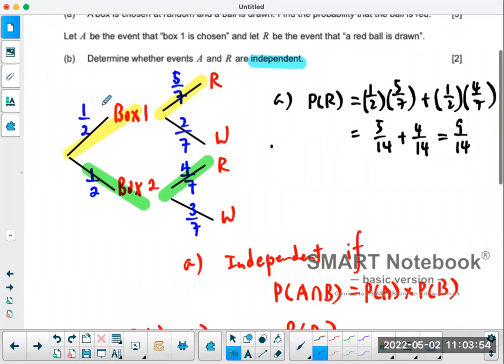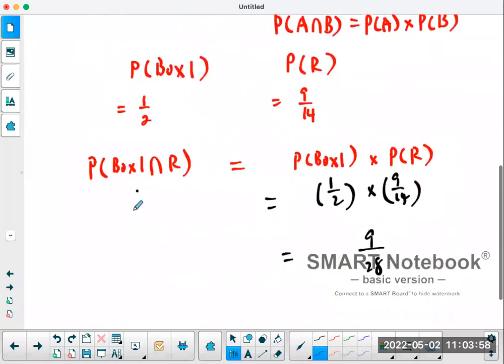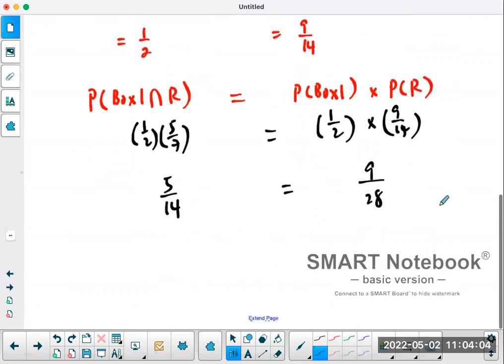This little piece is 1 over 2 times 5 over 7, which is 5 over 14. Now, are they equal to each other? Well, no. So if they're not equal to each other, we say, therefore, they are not independent.